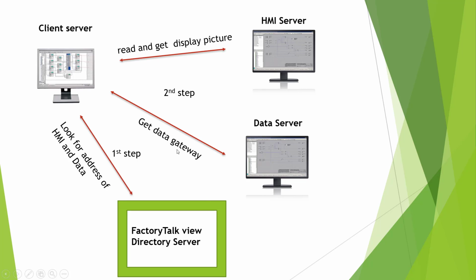Second step, get the data from the data server. The data server gets the data from the PLC. Then it reads the data, and the picture gets displayed. It gets the data from the data server, then sends it to the HMI. The HMI displays the picture, then sends it back to the client.